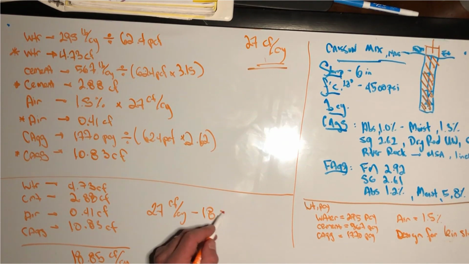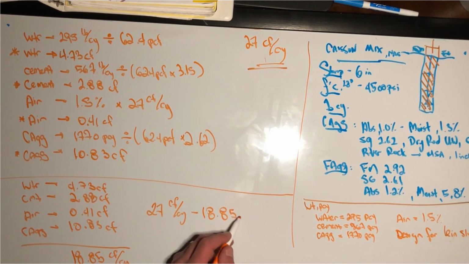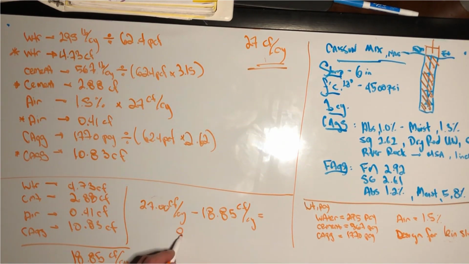So I subtract 27 minus 18.85 cubic feet per cubic yard. That equals 8.15 cubic feet. And that 8.15 cubic feet is all the room I have left for my sand.